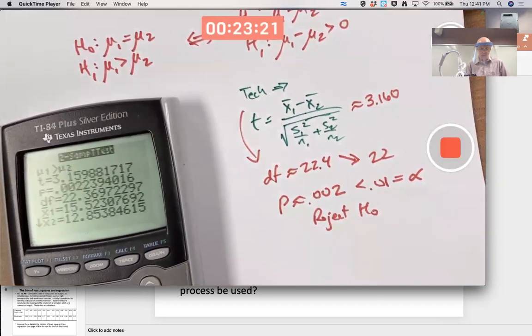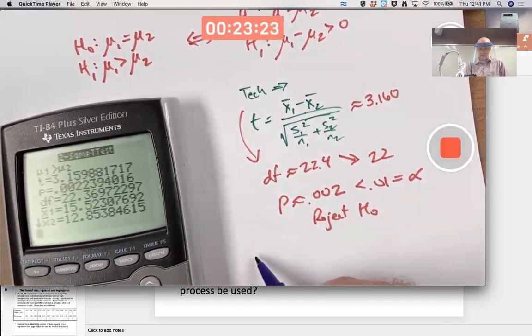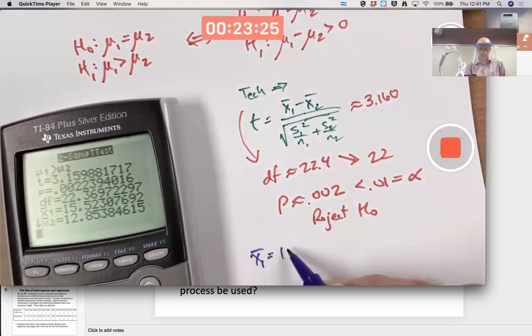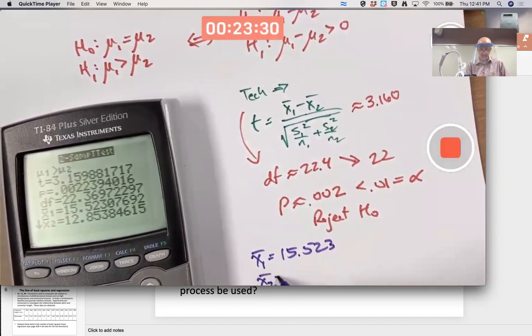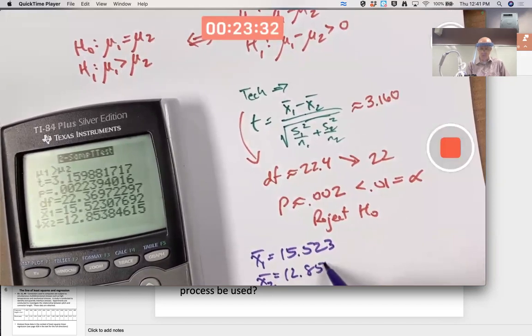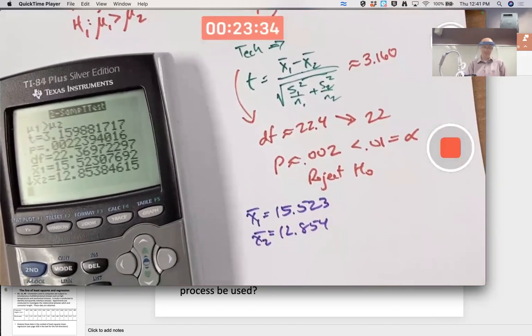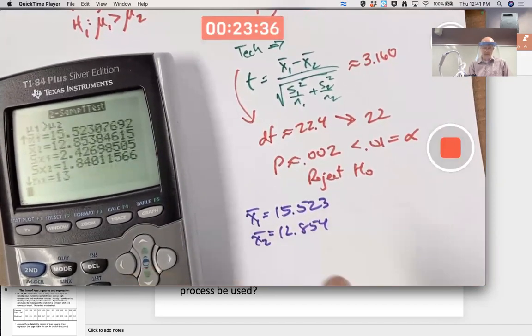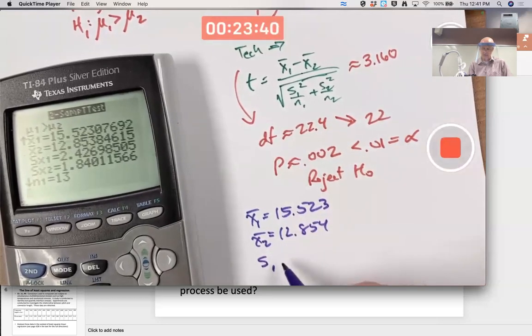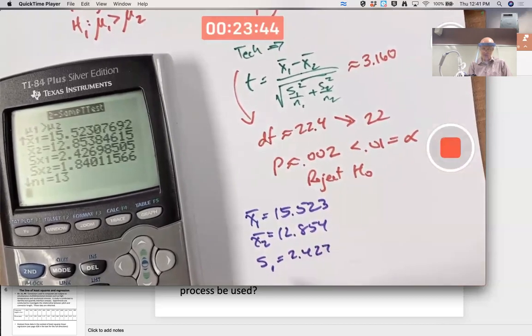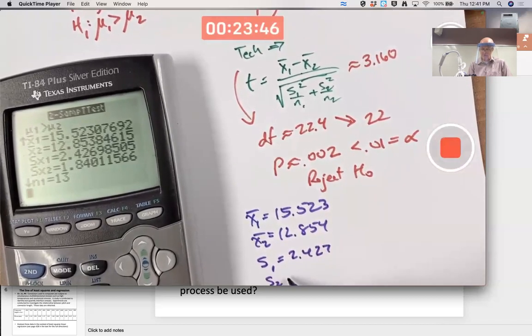So x1 bar was 15.523. x2 bar is 12.854. s1, I guess I'm going to compute the square root there anyway. I was thinking I was going to avoid it. It's about 2.427, say. I usually use more decimal places than this, but I'm trying to go quicker.